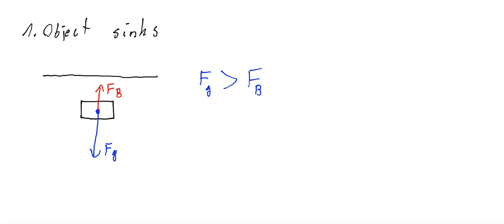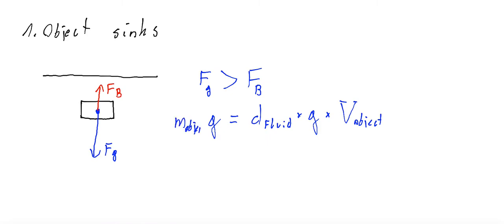Okay, so let's evaluate this. What is a buoyant force? Buoyant force is density of fluid, let's think about water, times gravitational acceleration times volume of the object. The object sinks, which means that the whole object is immersed. What is gravitational force? Gravitational force is mass of the object multiplied by gravitational acceleration.